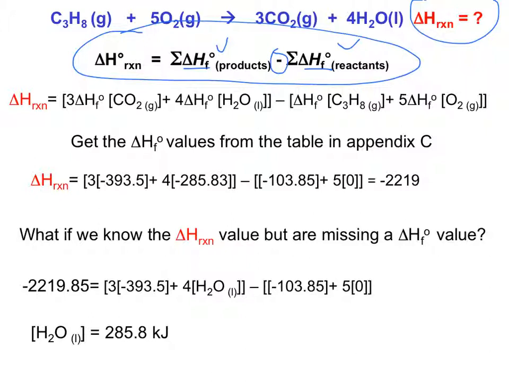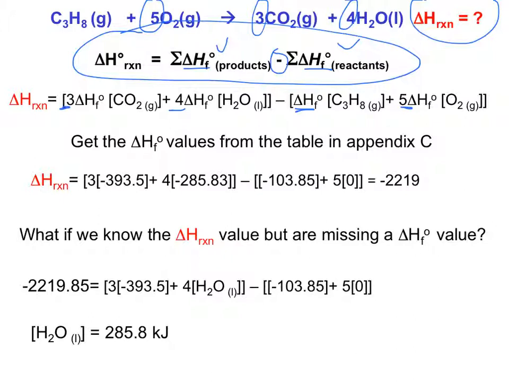We will need to take into account the coefficient values that we get from the equation. So notice CO2, right? We're going to have to put a 3 in front of that. Okay, there's a 4 in front of H2O. There's nothing in front of the C3H8. Okay, and we have a 5 in front of the O2.